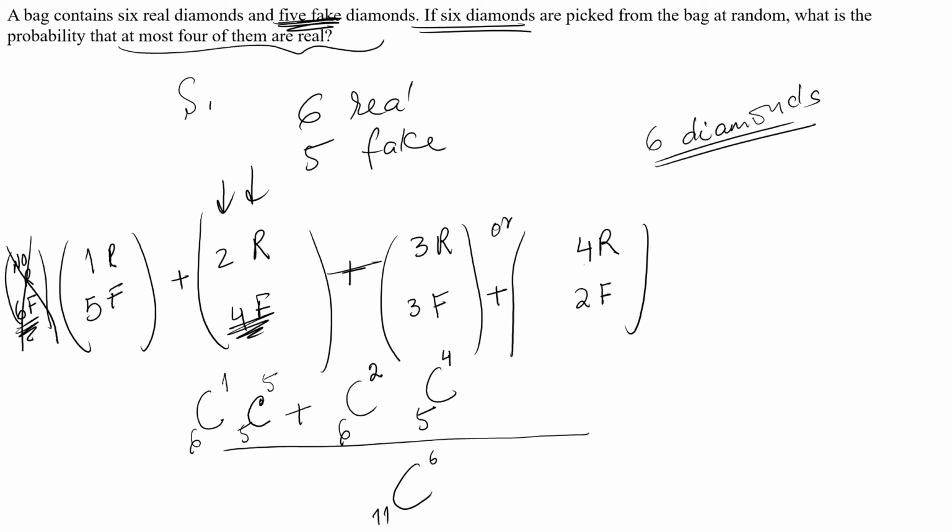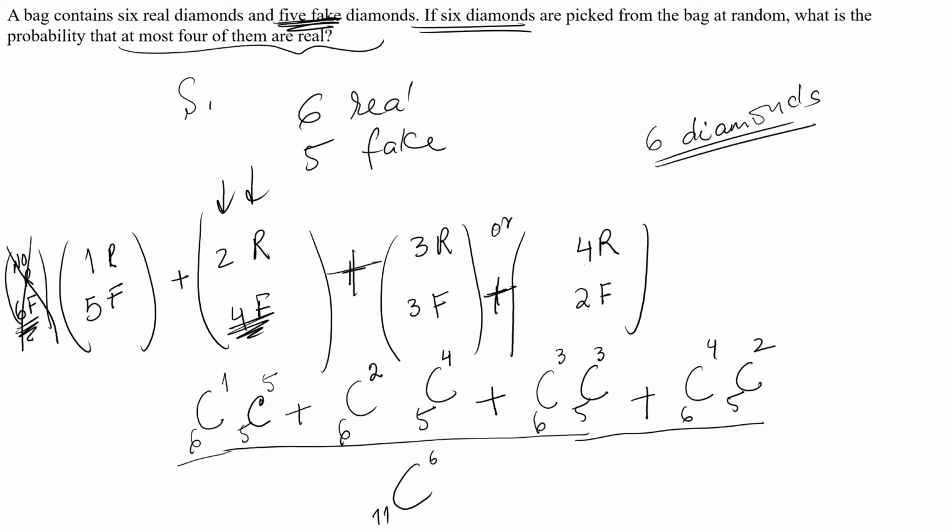Or 3 real out of the 6, and 3 fake out of 5. Or 4 real out of 6, and 2 fake out of 5. So this is the possibility.